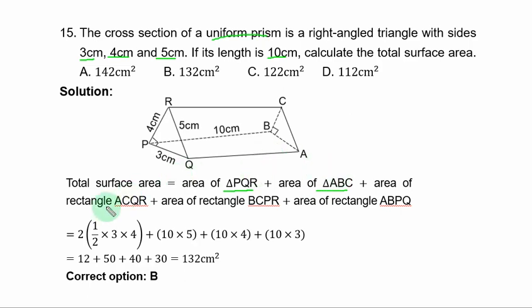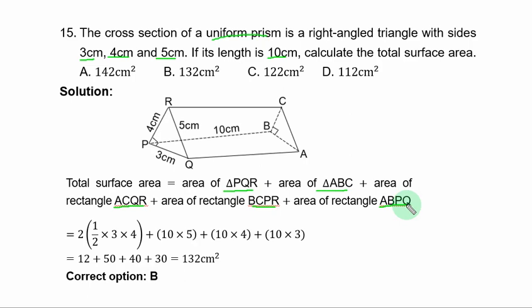You have the area of rectangle ACQR, the area of rectangle BCPR, and the area of rectangle ABPQ.